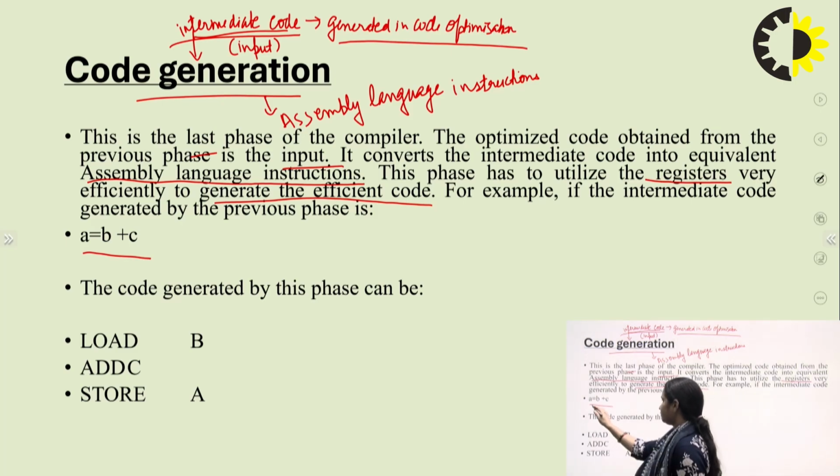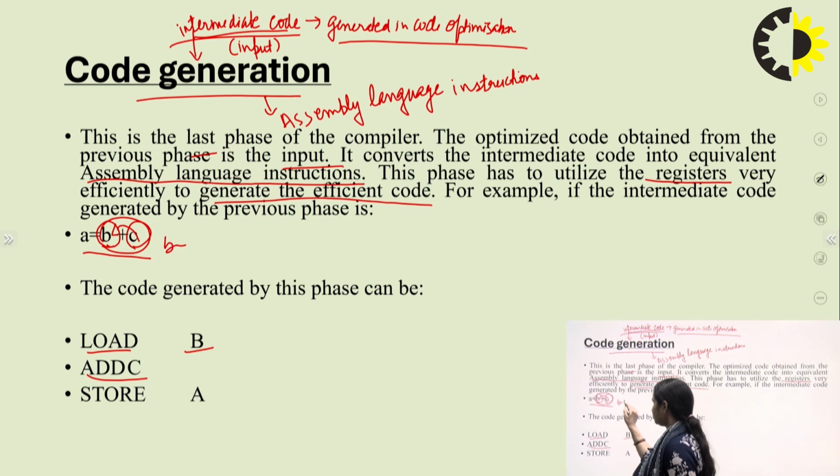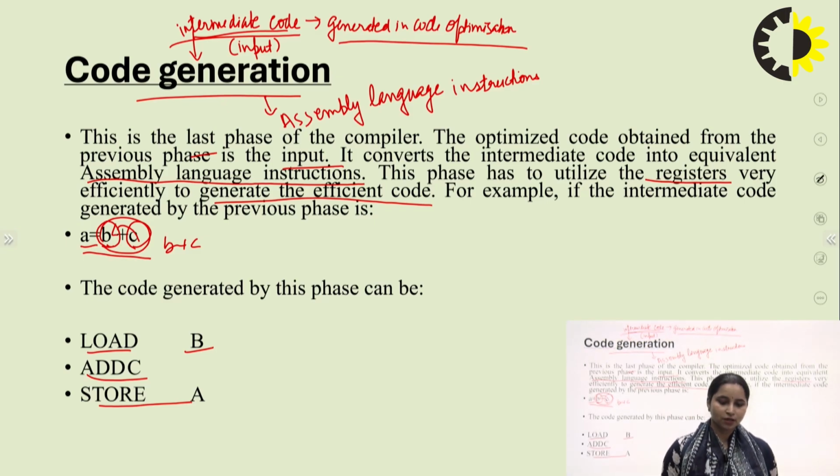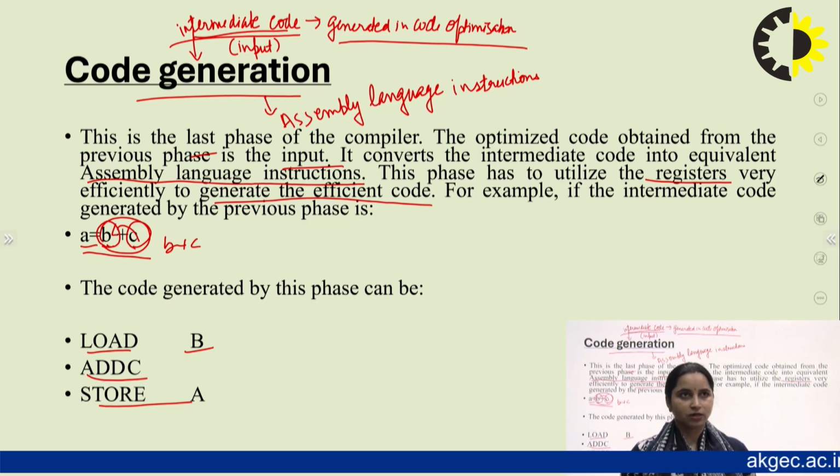First of all, you have to load B. Then add C to B. Then whatever you receive as B plus C, you have to store in A. So store in A. This is a very simple language. Assembly language is a very simple language.